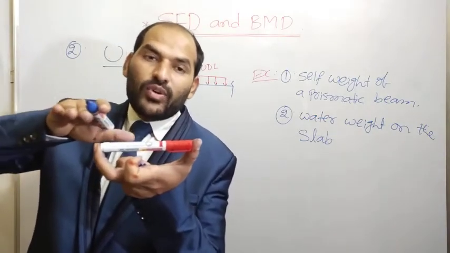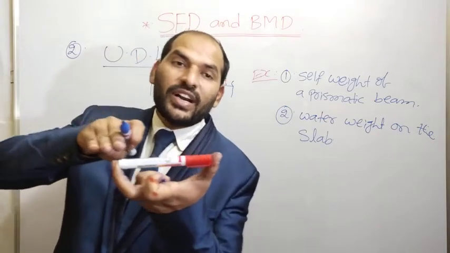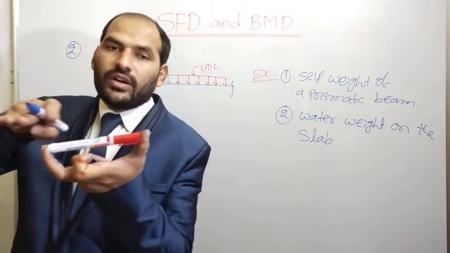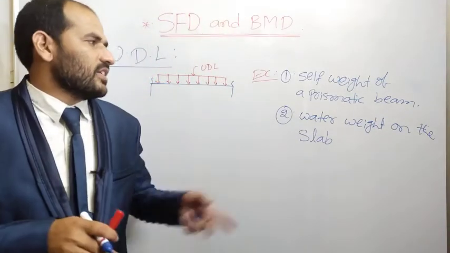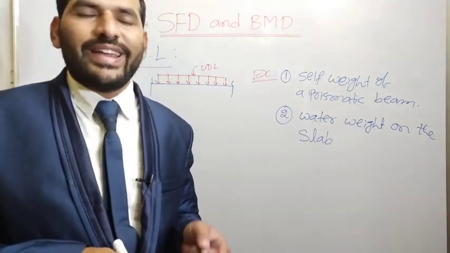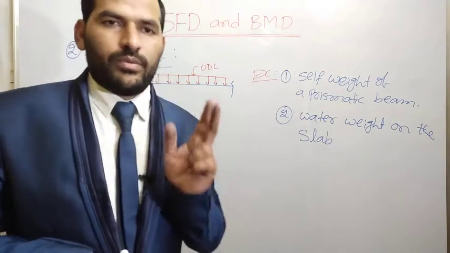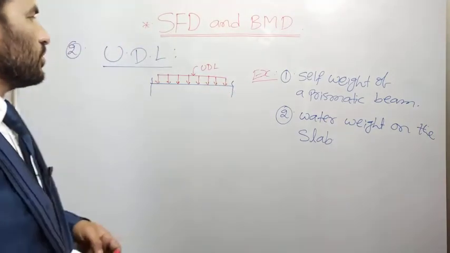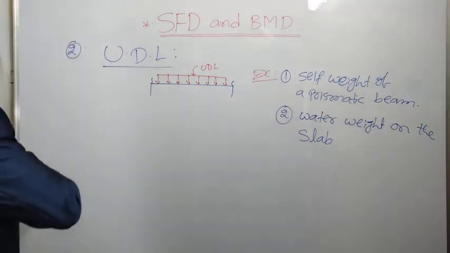That water is provided uniformly over the surface of the slab. If you consider the area, that water weight is considered as UDL, uniformly distributed load.